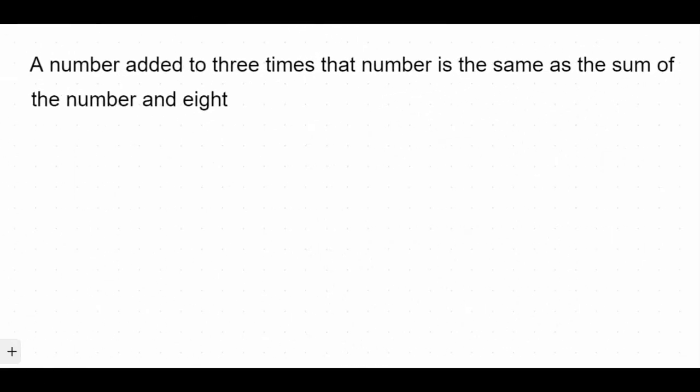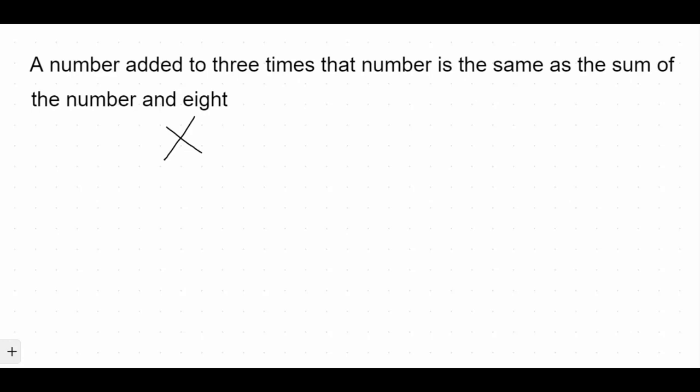All right, so our next example here says a number added to 3 times that number is the same as the sum of the number and 8. We have a few more things going on in this one, so we have to be extra careful here. So again, let's take this one word at a time. So it says that we have a number. And again, anytime it says a number, that number is going to be X. So we have X, and it says a number added to 3 times that number.